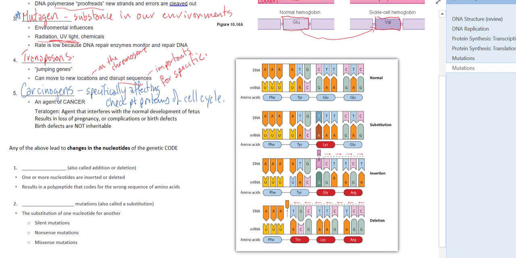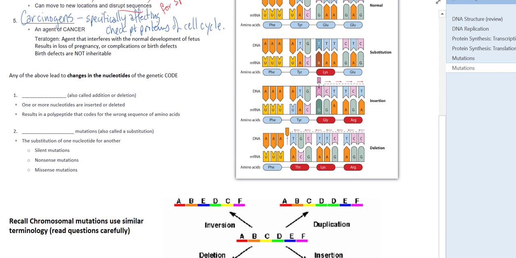Yeah, so basically any of the above lead to changes in the nucleotides of the genetic code, and they fall under a couple of different categories in terms of how we identify them. The most serious is what we refer to as a frame shift. A frame shift is the result, it may also be referred to in a textbook as an addition or a deletion.